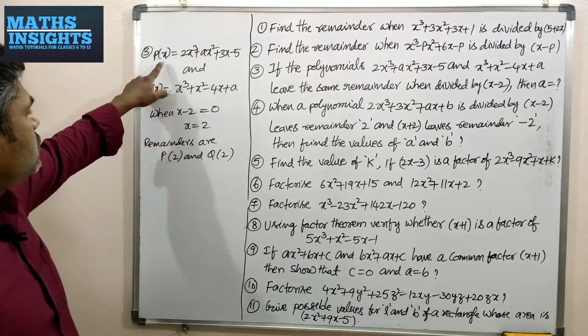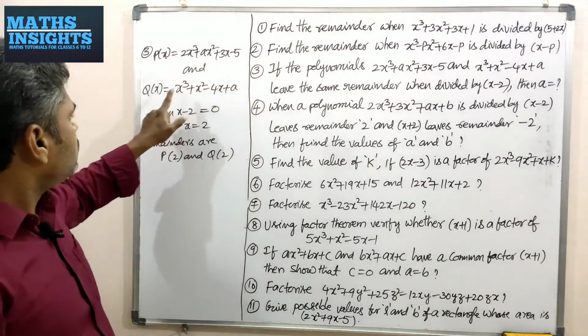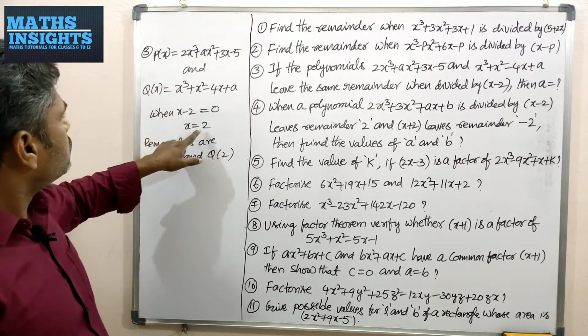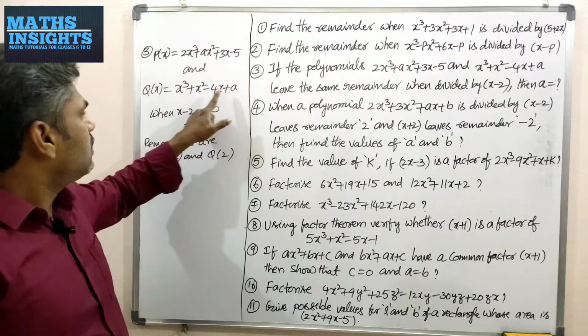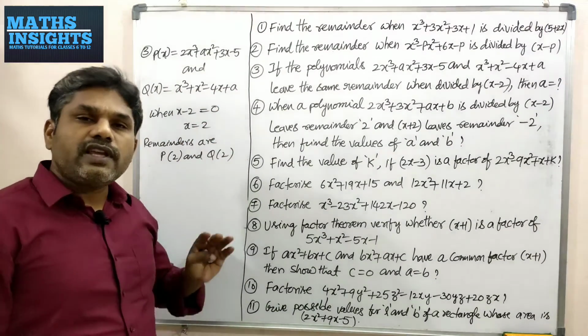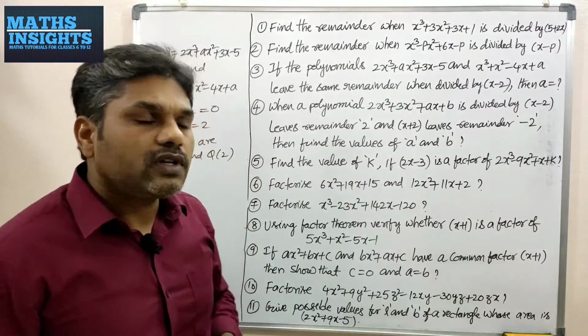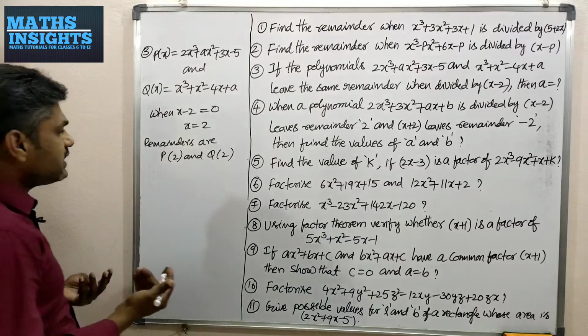When you put x equals 2 in p of x, you will get some value, and when you substitute x equals 2 in q of x, you will get another value. They are saying that those two remainders are equal. We will equate them and find the value of the unknown quantity, that is a.